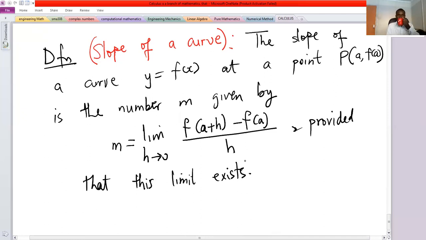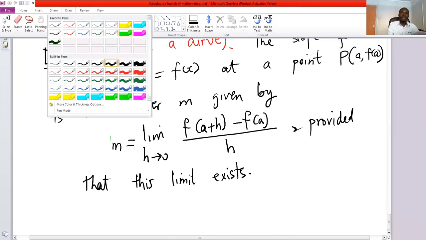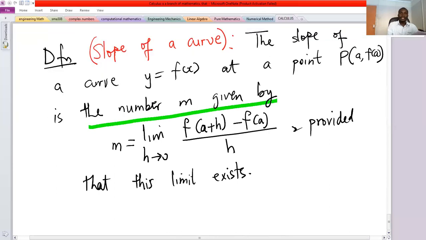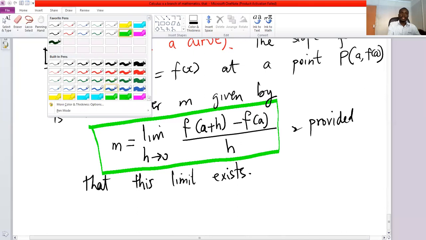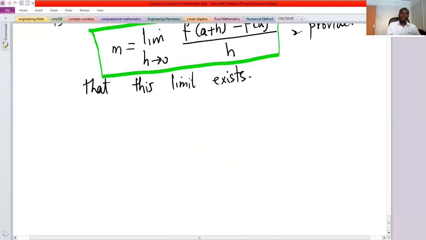The slope of a curve y equals f of x at a point P whose coordinates are a, f of a is given by the number m, where m is a limit as h approaches 0 of f of a plus h minus f of a divided by h. Now, once we know how to define the slope of a curve at a point, then we'll be in a better position to explain or define the tangent of a curve at a given point.